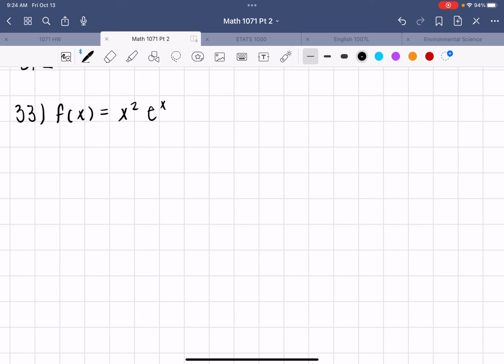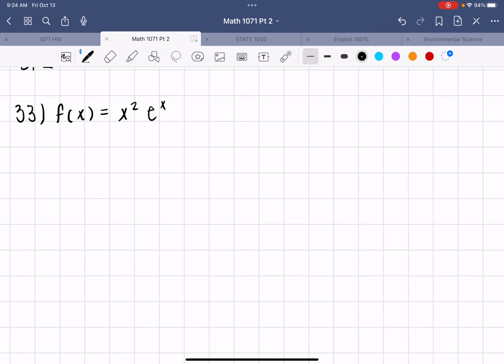It doesn't cross the x-axis. So e to the x is never 0, because it's asymptotically going to the x-axis, but it never reaches it. So e to the x alone is never 0. I just wanted to review that with you.